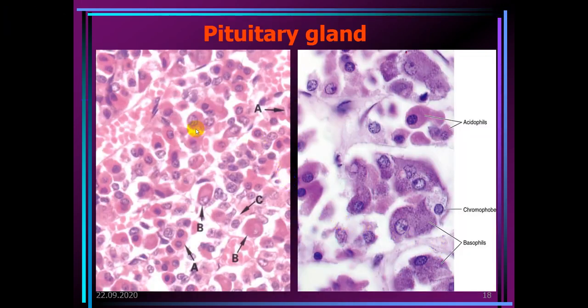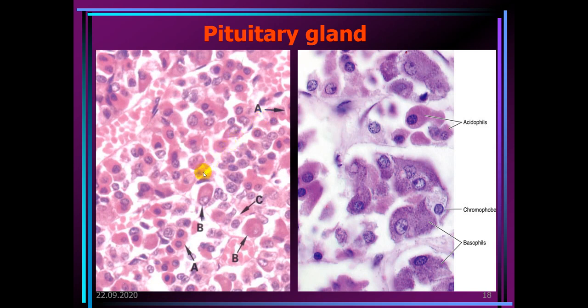Now you see the light microscopic picture of the pars distalis of the adenohypophysis. You can see cross sections of the epithelial cords, one, second one, third one.